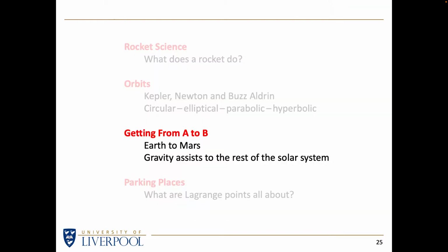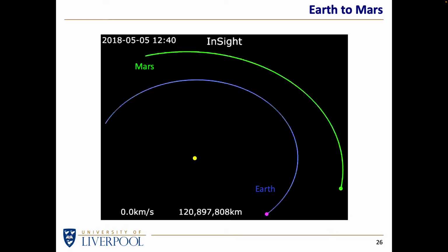So how do we actually get, for instance, from the Earth? Let's assume we've got a rocket to get us, roughly speaking, above the Earth's atmosphere, and we've got enough horizontal velocity to leave the Earth. But how do we get from Earth to Mars, or how do we get to the rest of the solar system? Well, here's an example of a little graphic that shows how the spacecraft called InSight left Earth back in 2018 and went to Mars.